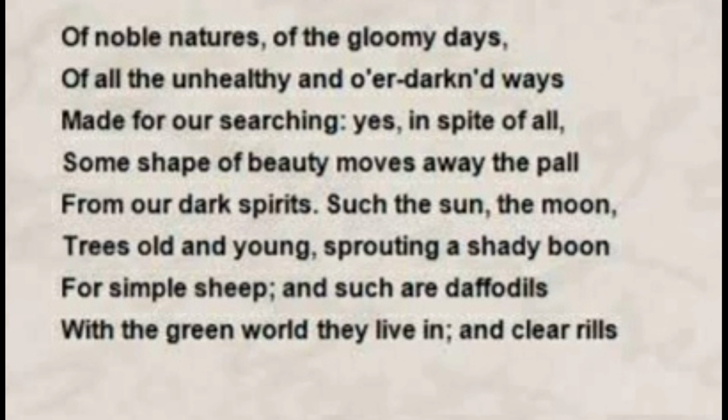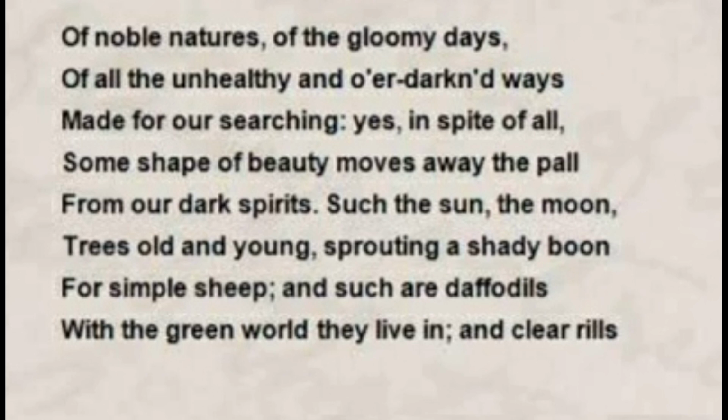Here we'll see the lines where it says that any tree, whether it is old, young, or even sprouting, gives us a shady boon for simple sheep, like for all creatures, not only for human beings but even other creatures.